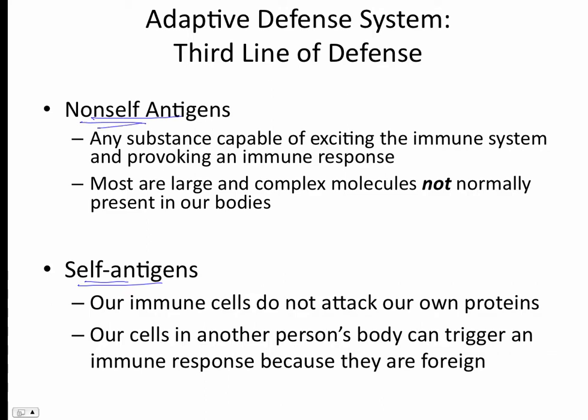Non-self antigens are any substance that's capable of exciting and provoking an immune response. So these are molecules and complexes that are not normally present in our body. This is very important when trying to reduce our immune system, especially when someone's going to get a transplant, whether it's an organ transplant or a tissue transplant.